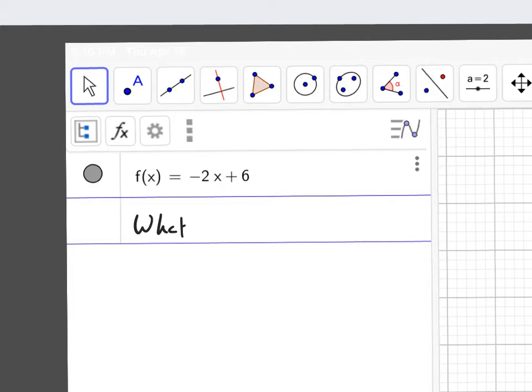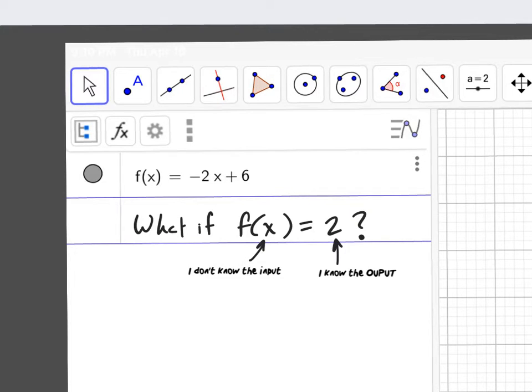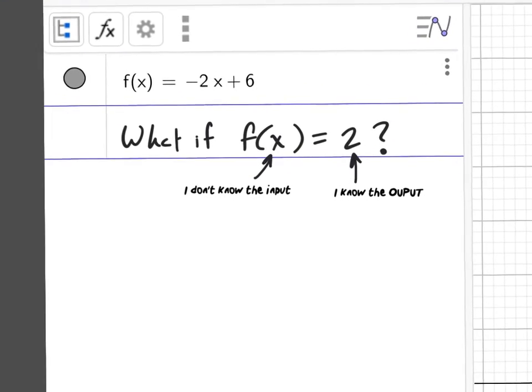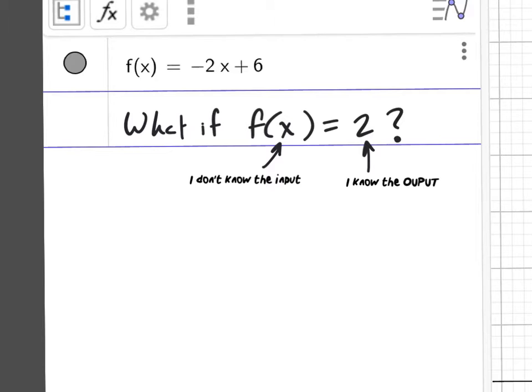So what if my function is equal to the number 2? We know the output, we don't know the input. So let's take a look at the solution and how to find the input.